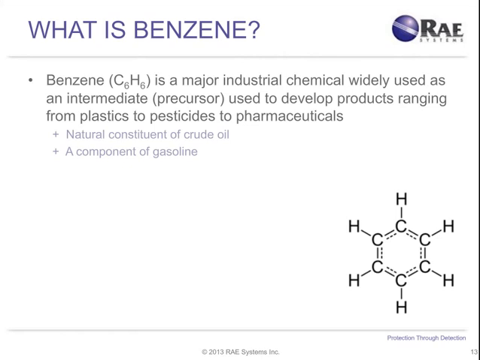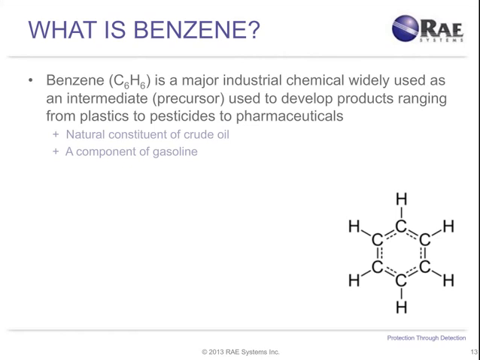What is benzene? Benzene is really a major, very important industrial chemical. It is a precursor to a lot of different products that range from plastics, to pesticides, to pharmaceuticals. It is a very important chemical, but it's also a very, very toxic chemical.